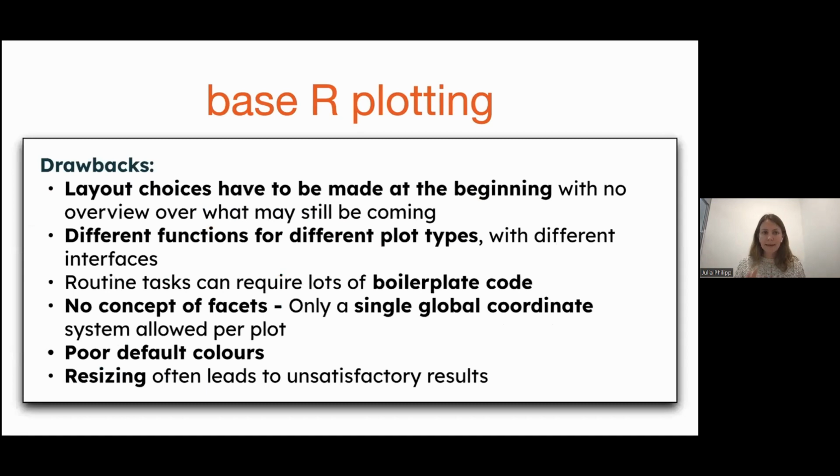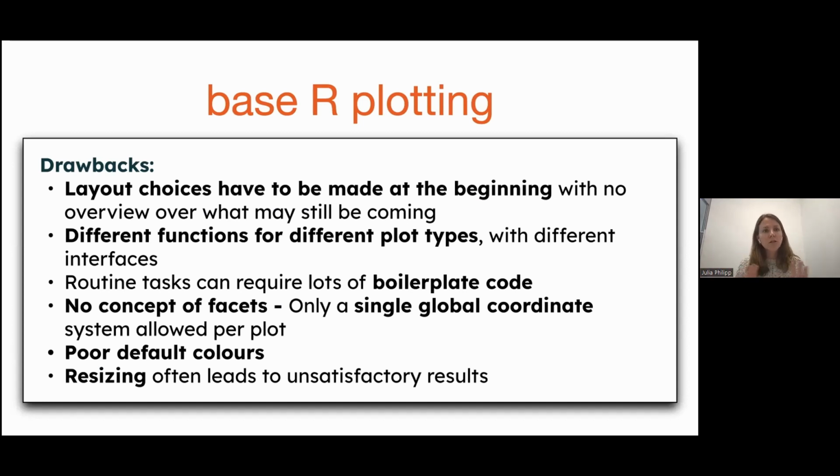So yeah, layout choices have to be made at the beginning, and different functions will provide you with different plot types. Meaning routine plots can cause you to have to write a lot of code in order to get the plots that you would like. There is no concept of facets, and what this exactly is, we'll talk about in a couple of minutes.